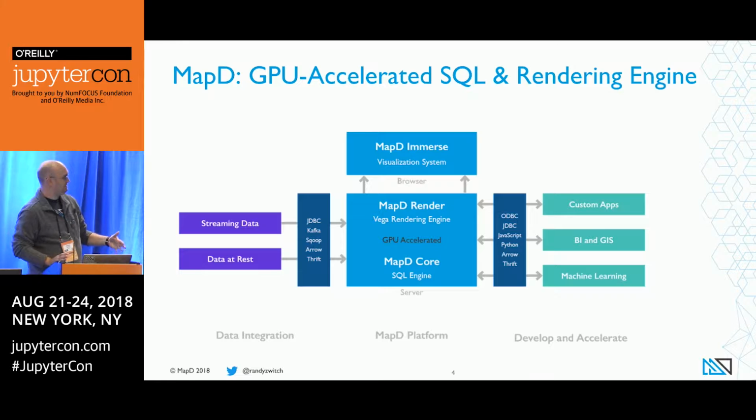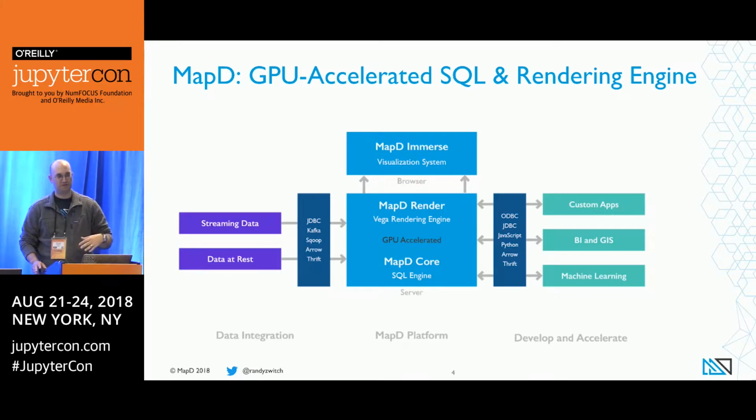MapD fits very much in the analytics realm. On the left-hand side of this diagram, you'll see we have your streaming data, your data at rest. You can think of these as maybe your Hadoop cluster, files that you have, whether they're CSV, Parquet, any of the major data formats. But the point is that it's data that you're not necessarily doing anything with.